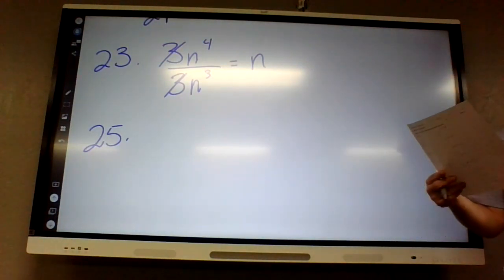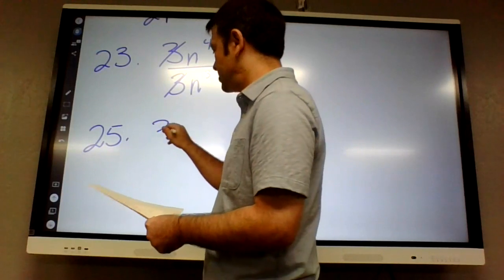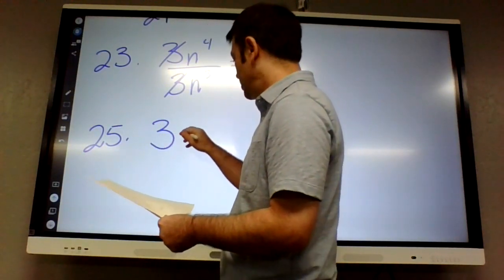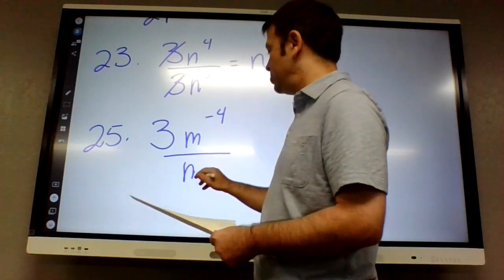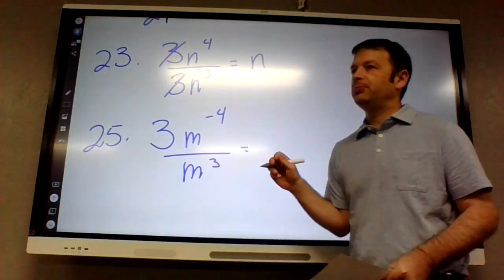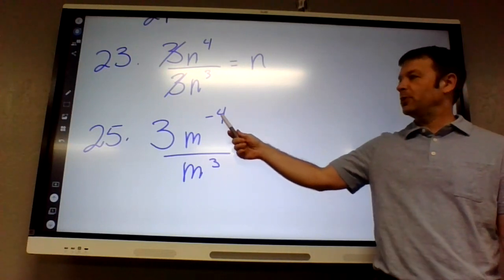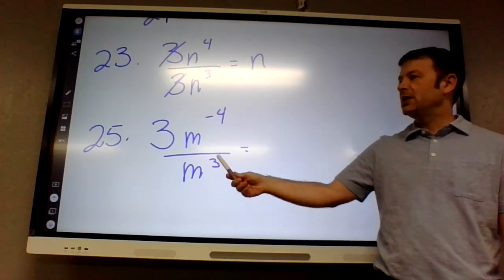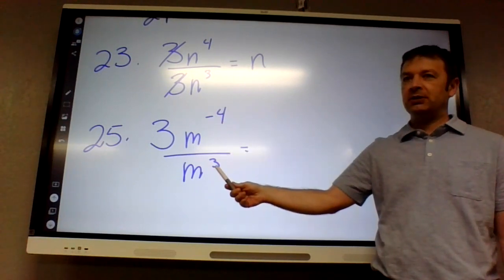Okay, 25. Looks like on 25 the 3 is not doing anything. Nothing to divide that by. So we have m to the negative 4 divided by m cubed. This one might throw you. So remember what are we doing with the exponents? Subtracting. So it's negative 4 minus 3.